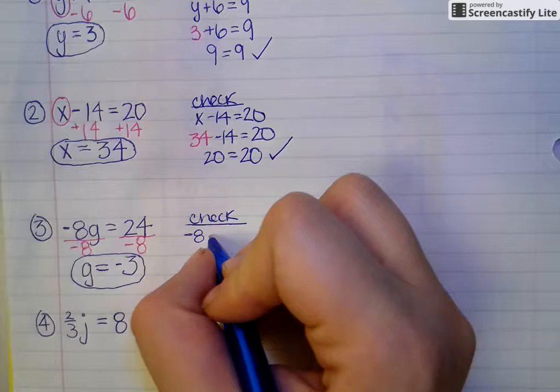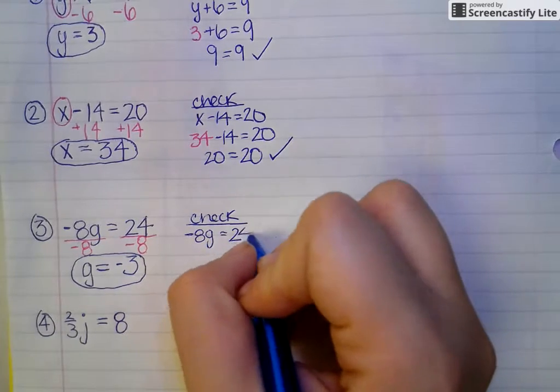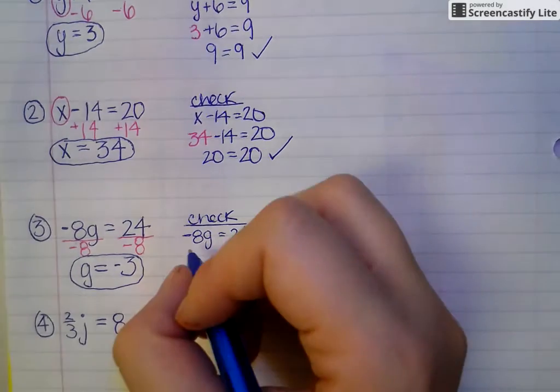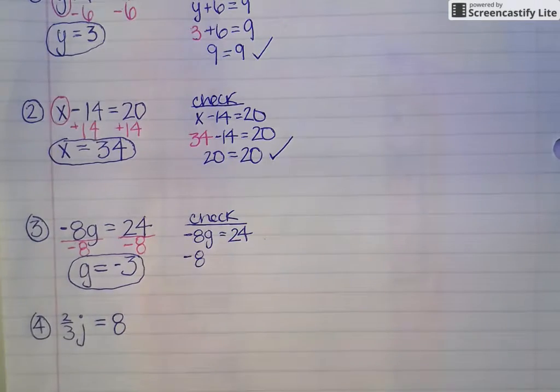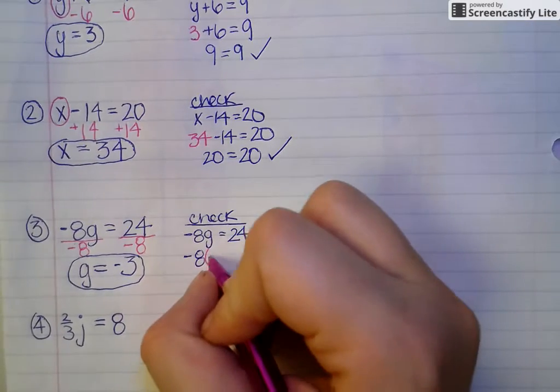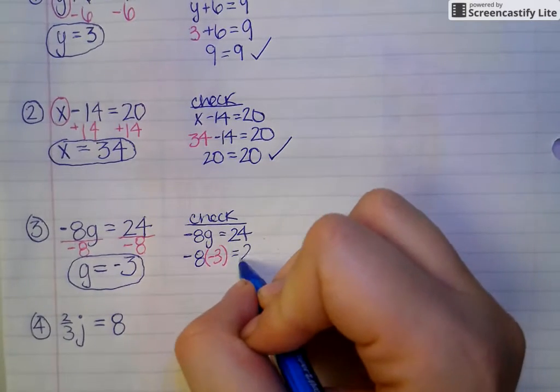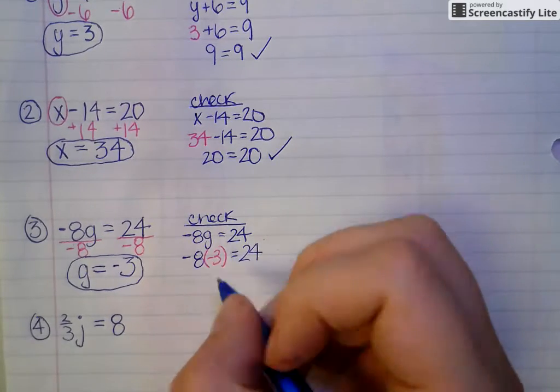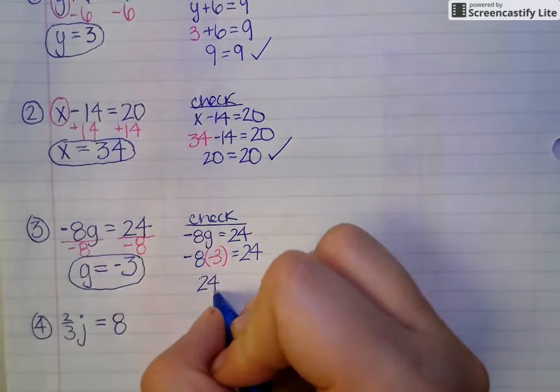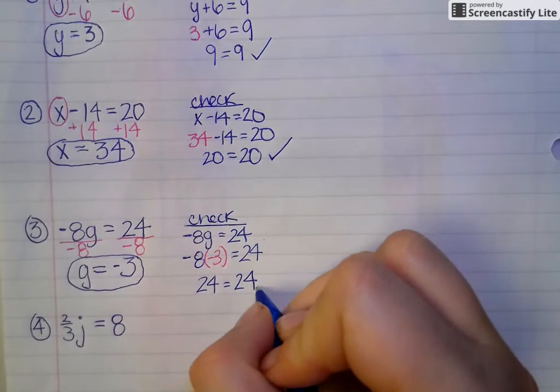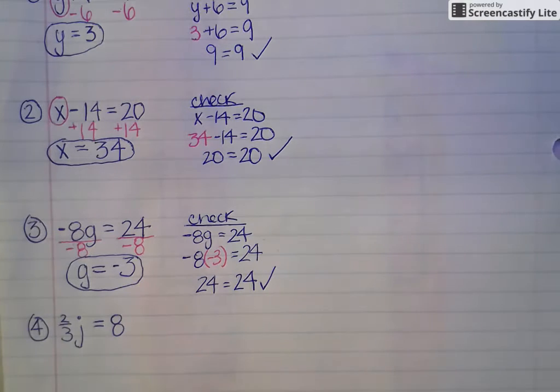So I have -8g equals 24. I'm going to substitute in -3 for g. -8 times -3 gives me 24. So 24 is equal to 24. So it is correct.